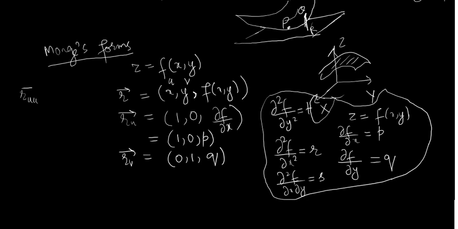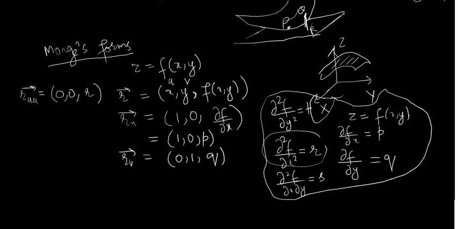So you are differentiating again with respect to x. So that should be, of course, 1 differentiated, this should be 0, then this should be del square f by del x square. But we know that del square f by del x square is denoted by r.